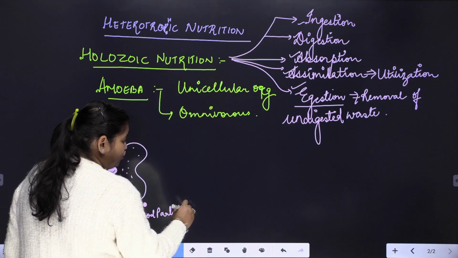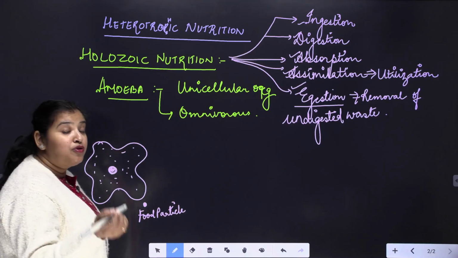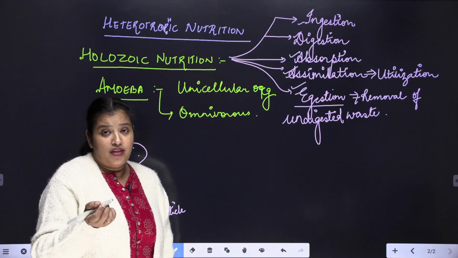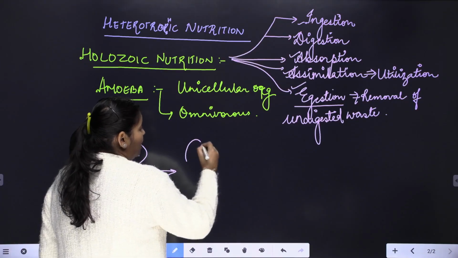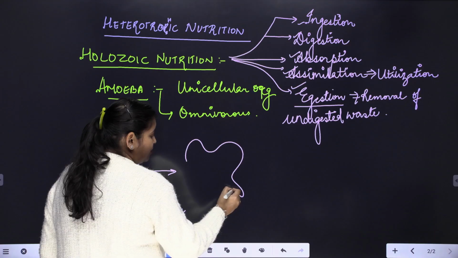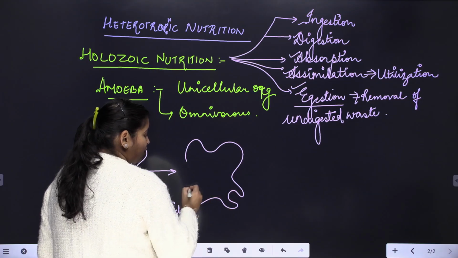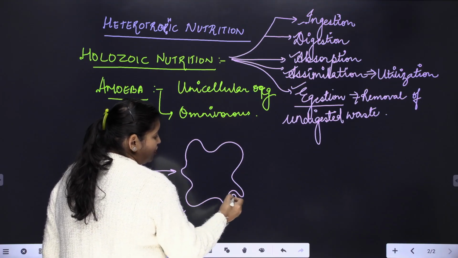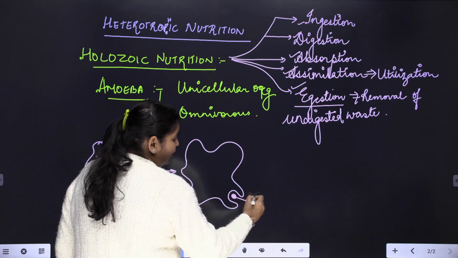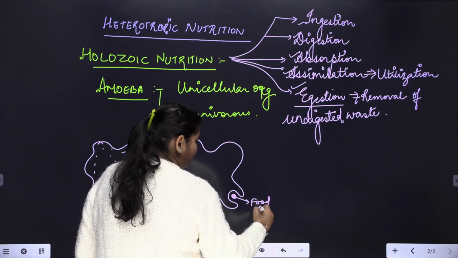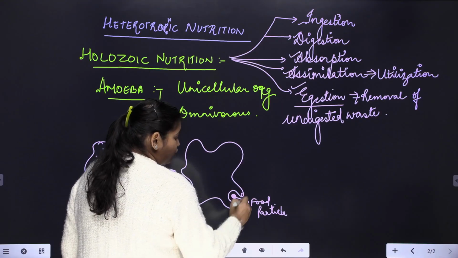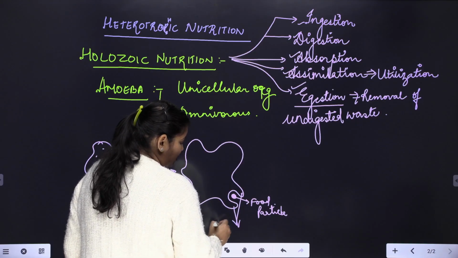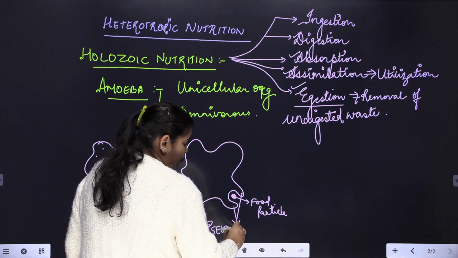So what it is supposed to do? What is the first thing when you see the food you do? You have to eat it, food, all right? So this amoeba produces finger-like projections. These are finger-like structures, and this is again the food particle. And these two which have been given out, the finger-like structures, these are called as pseudopodia.